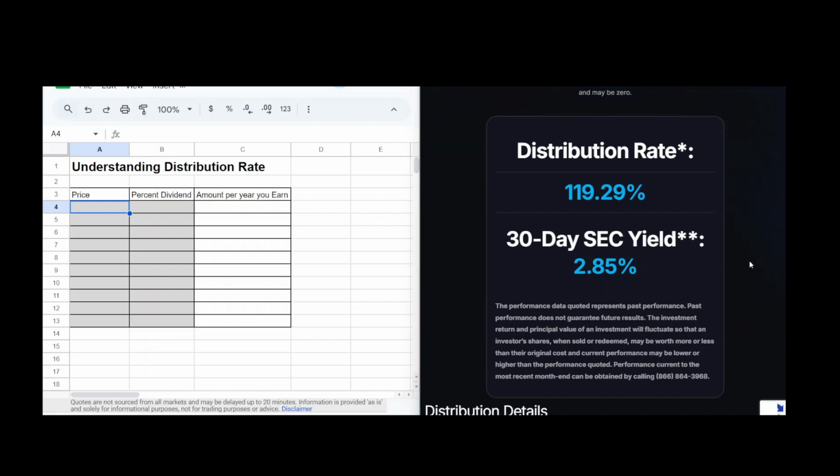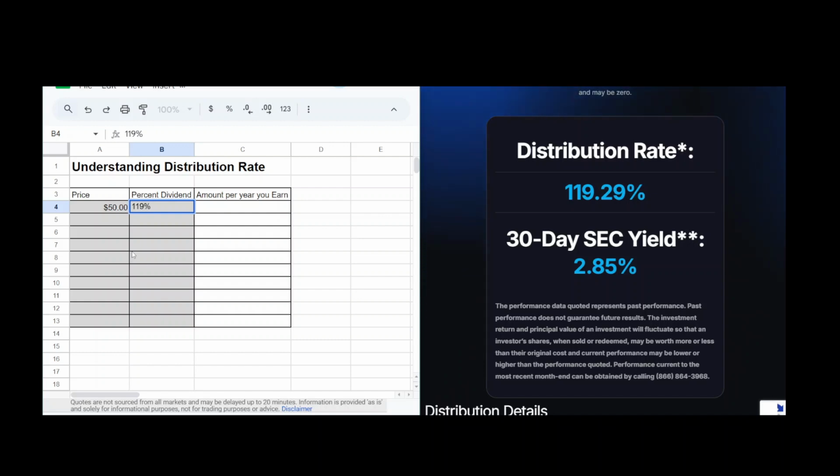So let's punch in some numbers here, and we'll just say that this one has been paying out that distribution rate of 119% the entire time. So if we enter in a price of $50 here, so now we have a $50 stock price, and we're going to enter in our distribution rate of 119%.